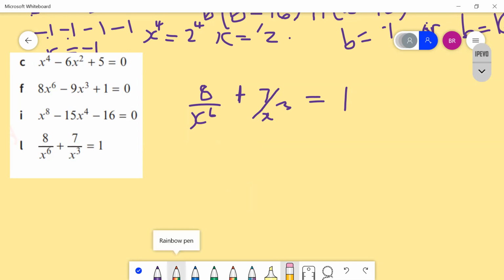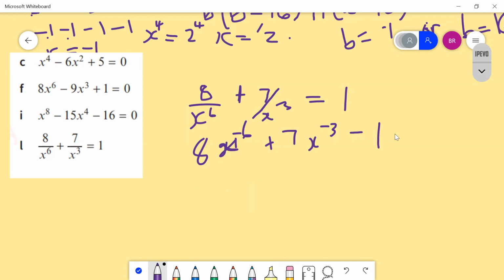Let me try this: 8x to the power of minus 6 plus 7x to the power of minus 3 minus 1 is equal to 0. And try to find numbers such that we can have the power of 2 with this one. If we fail, then we go the other way around.